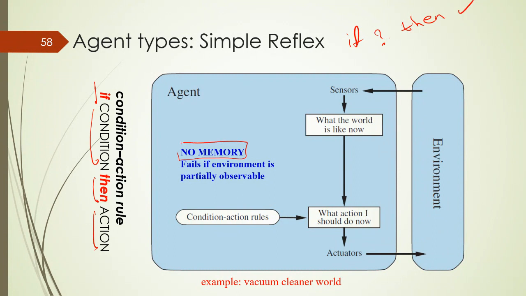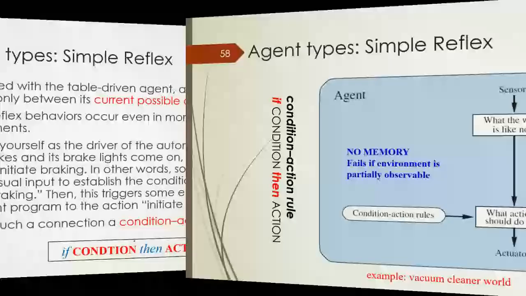We don't need memory to keep, well, we do need memory for the program and everything, but we don't need to keep the history of the percepts. So this one might fail if the environment is partially observable. If the environment is fully observable, we can see everything, it's good. But if it's not, it might be difficult.